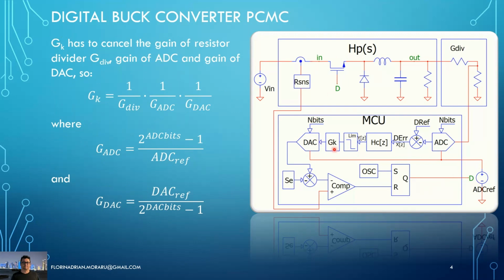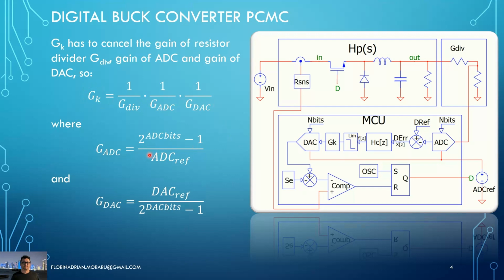Okay, we talk about the compensating gain. Because we basically want to control the output voltage, that means we need to cancel the effect of the resistor divider gain. We also need to cancel the gain of the ADC, and we also need to cancel the gain of the digital to analog converter. Therefore, this compensating gain has this expression here.